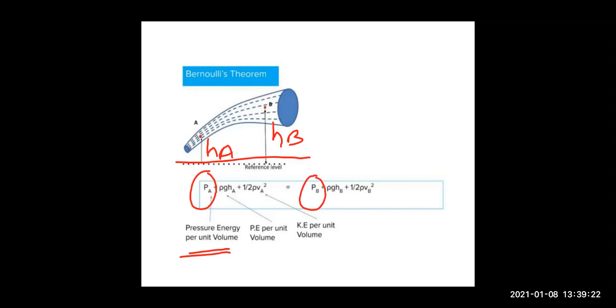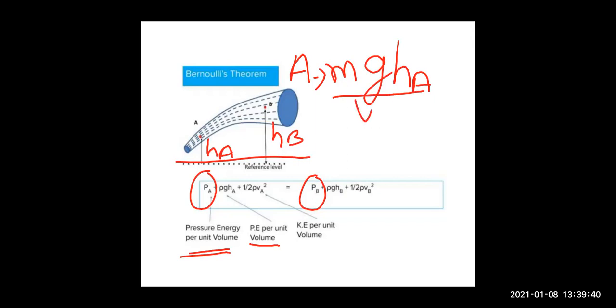Now, what do we have? Potential energy. Children, we know potential energy is mgh, so for point A it is mgHA. But potential energy per unit volume means divided by volume. So mass per volume is what? Density. So here you get rho g HA.